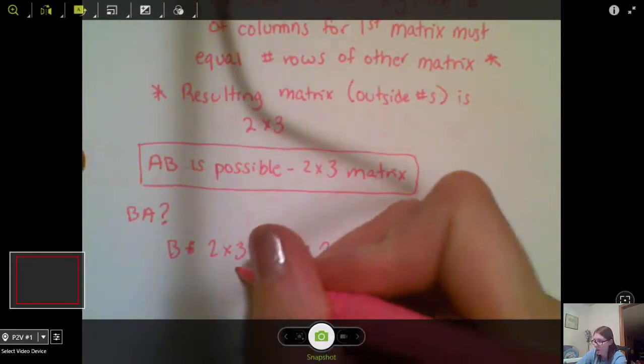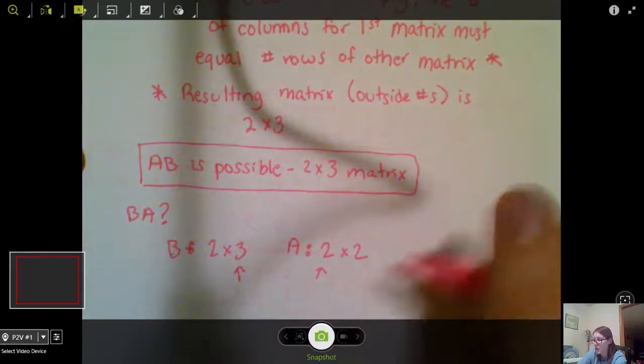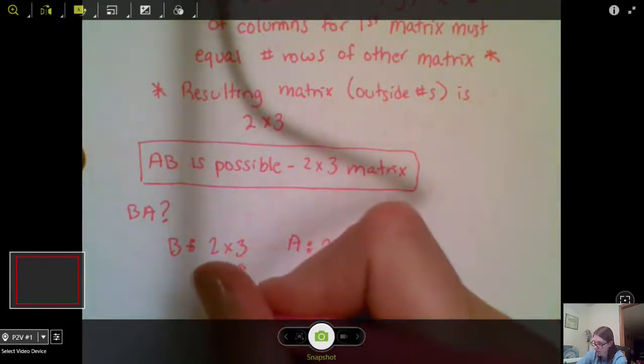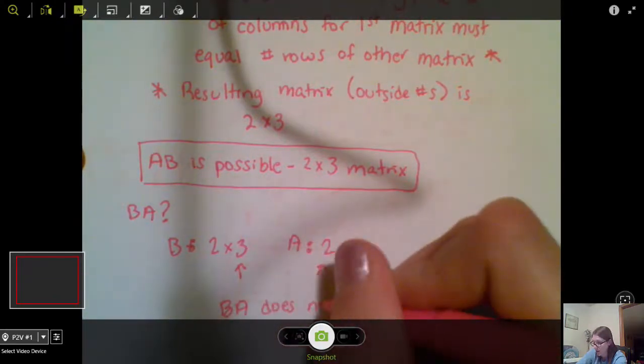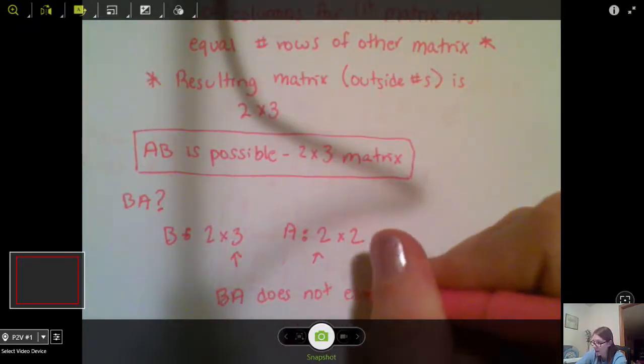My number of columns here is 3. My number of rows for matrix A is 2. These inside numbers do not match. So I cannot multiply these matrices together. In other words, BA does not exist.